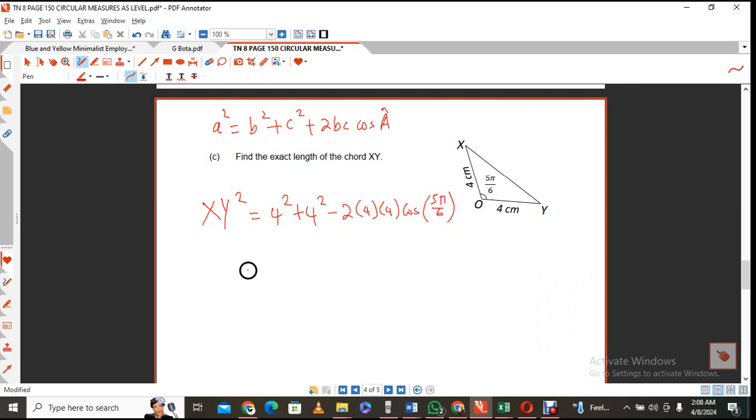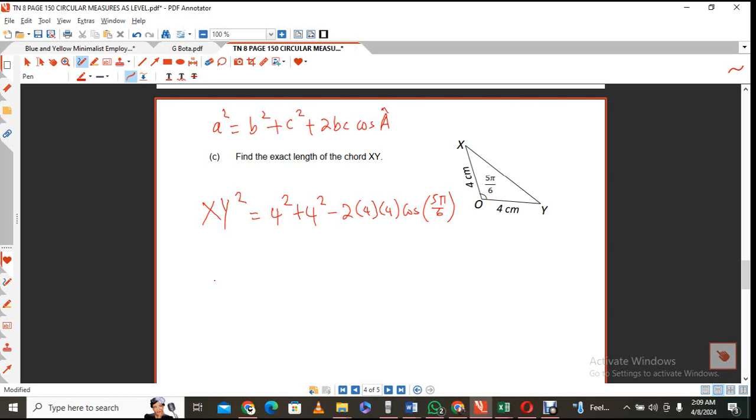Now remember your calculator values over there. Now if you were to do that, remember you still have to take the square root of your answer. And it's very important that you don't mess this up, okay?